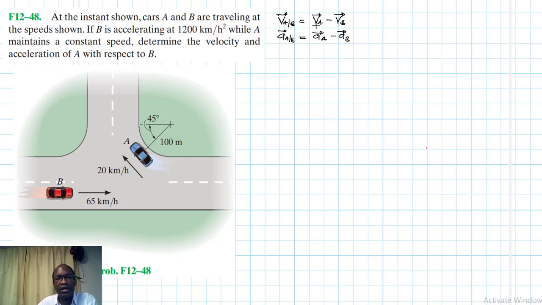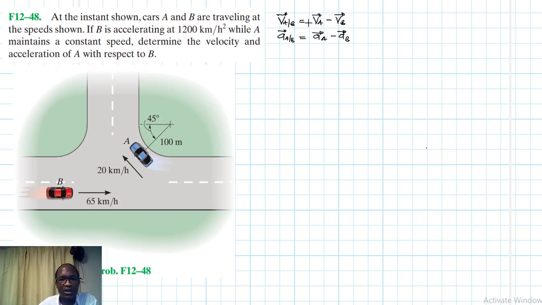So VA and VB, like we said, are absolute velocities, and by this we mean they are being observed from a fixed reference frame, while VA stroke B is a relative velocity, and by this we mean it is being observed from a translating reference frame.